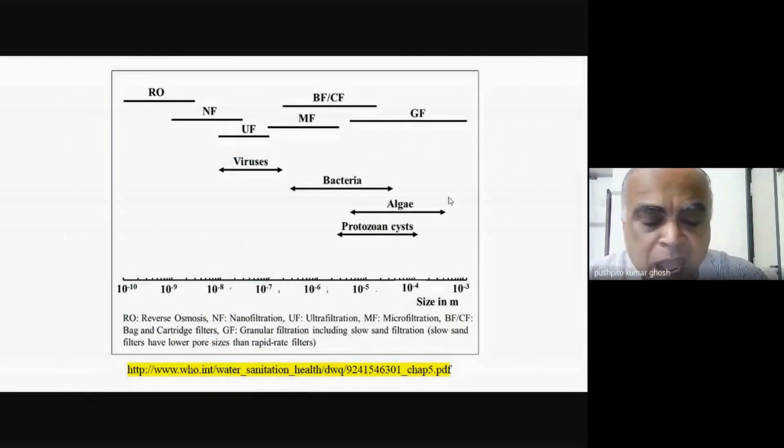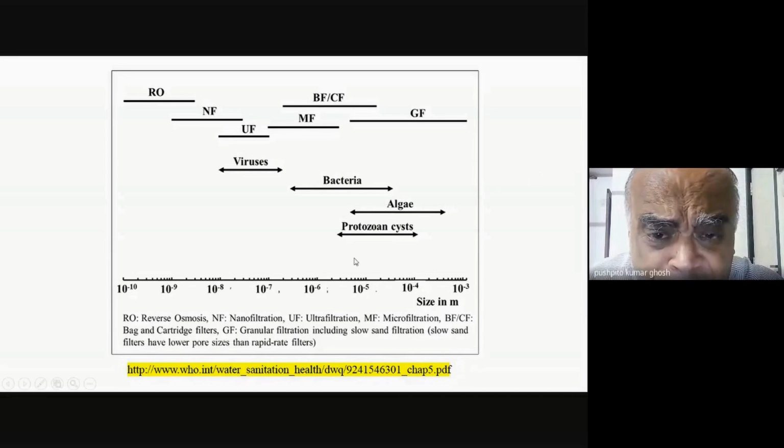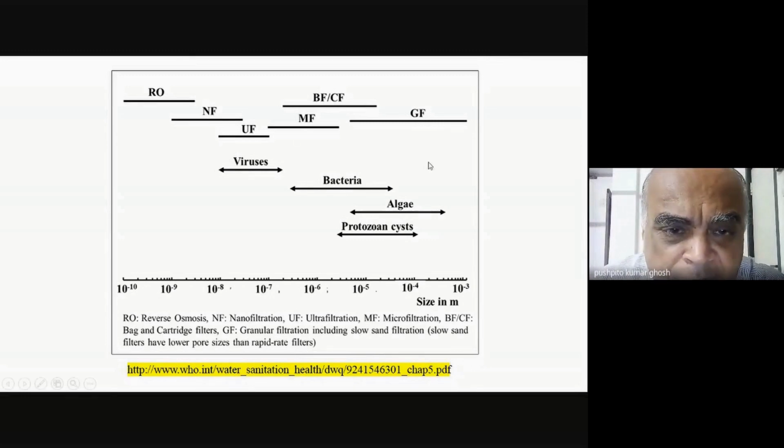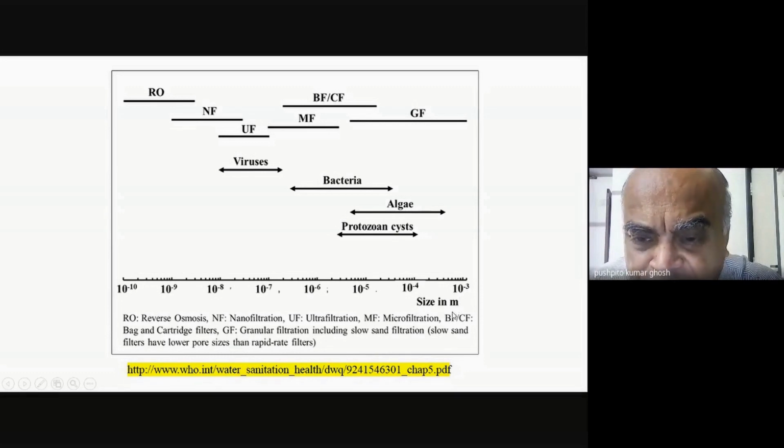Okay. Now let me go to a little bit more about membrane. So let us look at, let's say, typically what is a membrane. I've given you the sizes here. When you're talking about, say, sand filtration, what are you talking about?